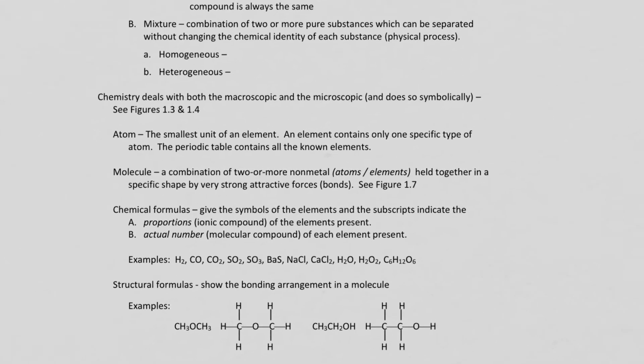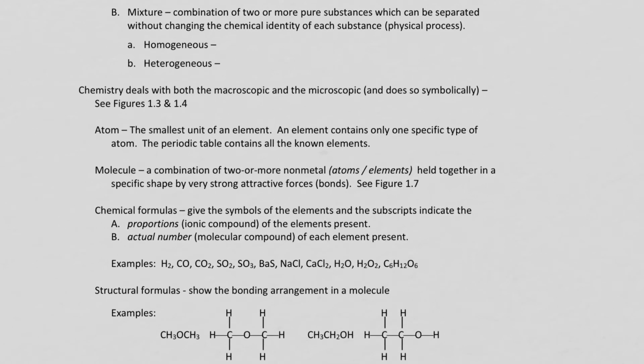We're going to go over pure substances, elements, and compounds. I trust that you'll read those things. But then we get two types of mixtures: homogeneous mixtures and heterogeneous mixtures. Homogeneous mixtures are uniform throughout, and both of these can be separated by physical processes, right?